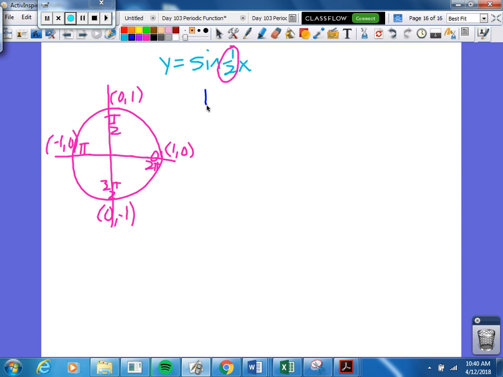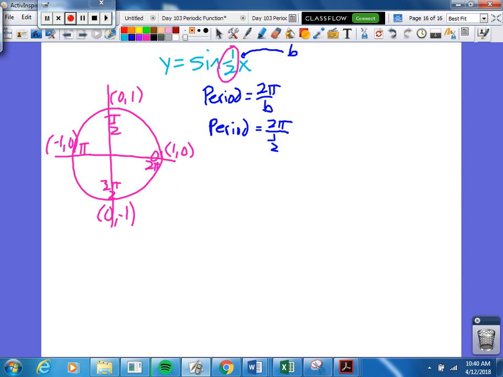So the period is going to change. The period is going to be 2 pi divided by b. And we learned last time that 1/2 was b. So my period here, or the length of one cycle, is going to be 2 pi divided by a half.